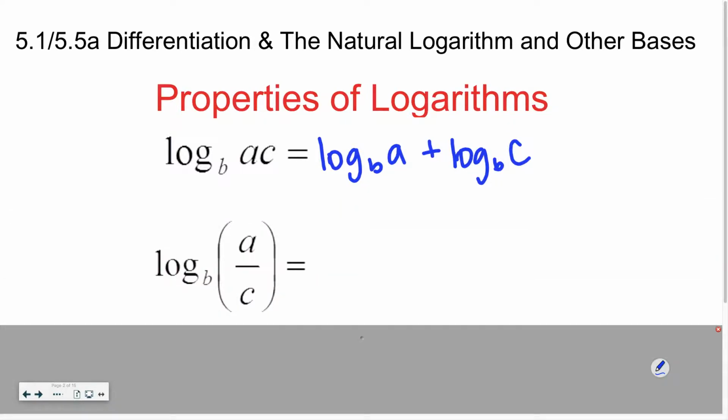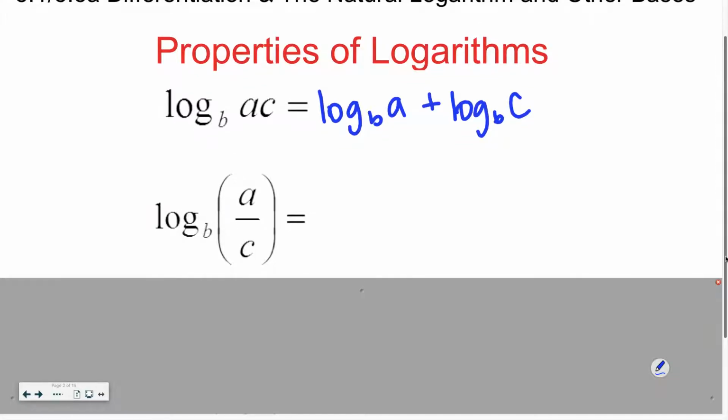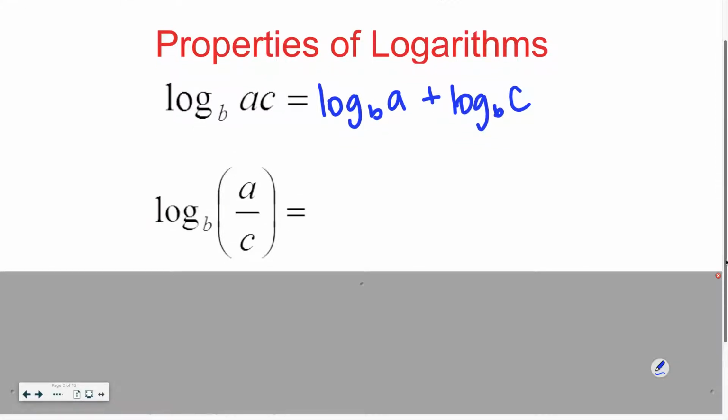What about when we are dividing inside? If we were to expand this out into two logarithms, what would they be separated with? Subtraction. So we have log base b of a minus log base b of c.